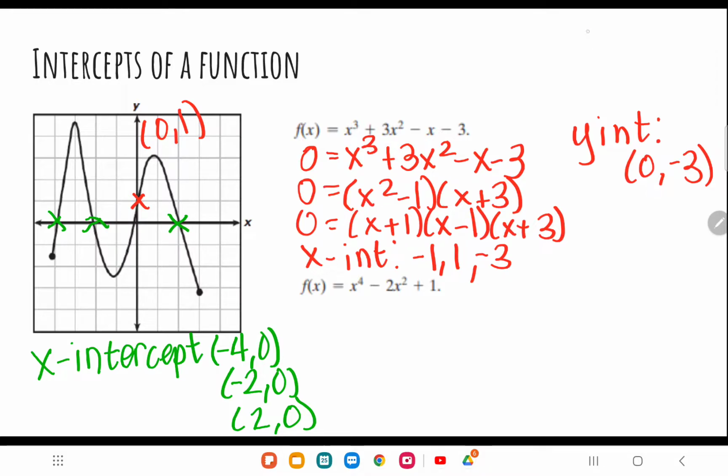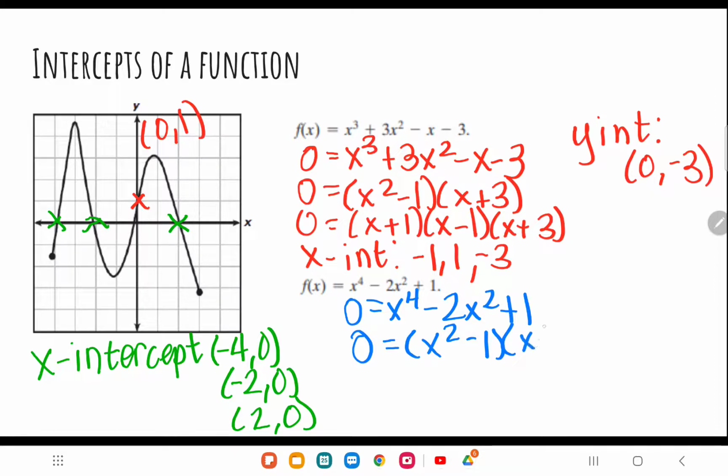We can do this with this quartic function as well. It's conveniently written in quadratic form, so that helps us out. Factoring this, we get x squared minus 1 times x squared minus 1. Now factoring this, we'll get x plus 1 times x minus 1 times x plus 1 times x minus 1, and with some rearranging, we see x plus 1 squared and x minus 1 squared.